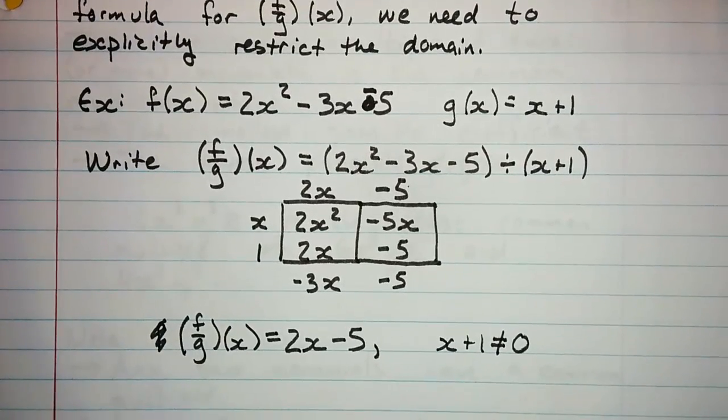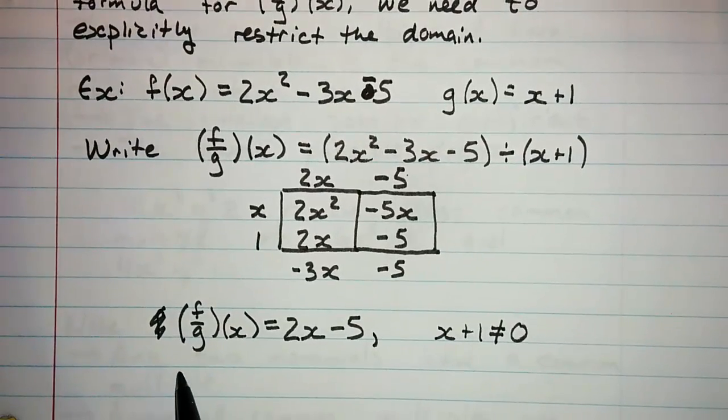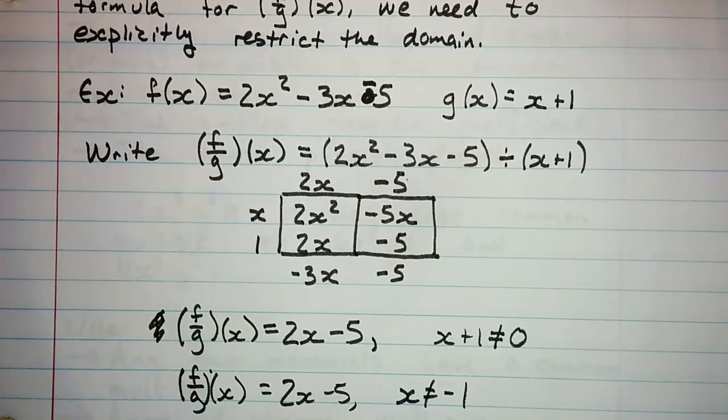Right, subtracting 1 from both sides, we get x is not negative 1. The quotient of these two functions is the function given by 2x minus 5, but only defined where x is not negative 1. I'm going to give you one of these to try now.